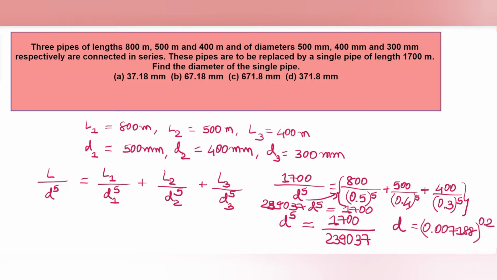Raised to 0.2, which is raised to 1 by 5, and finding this root, we get D is equal to 0.3718 meter. We have the options in mm, so it would be 371.8 mm, which is 0.3718 into 1000. This is the correct answer.